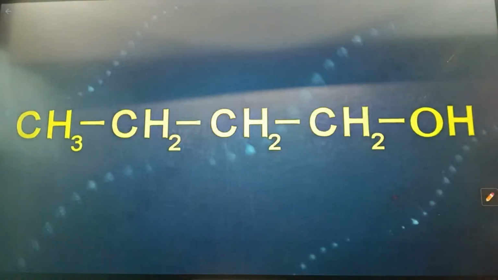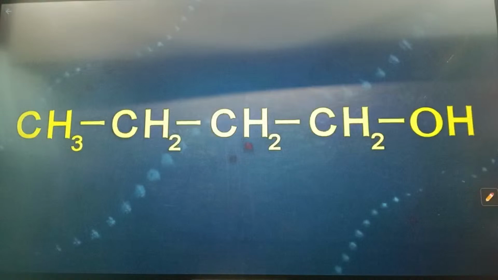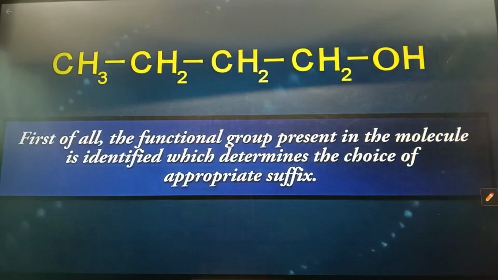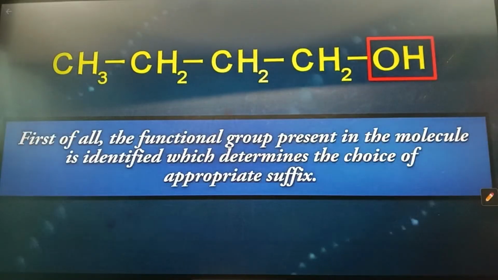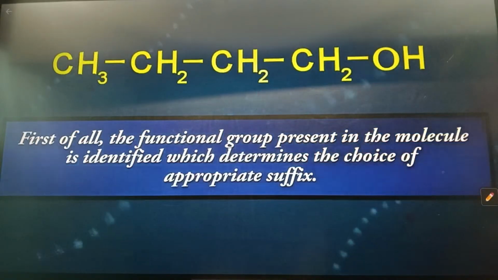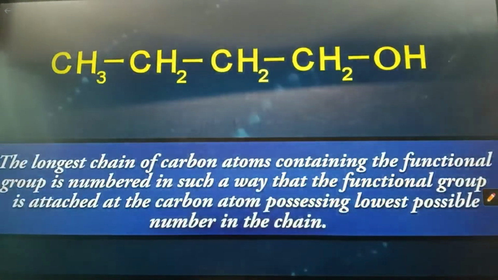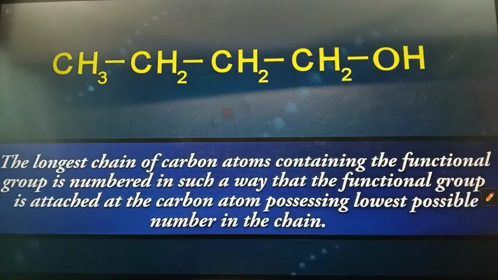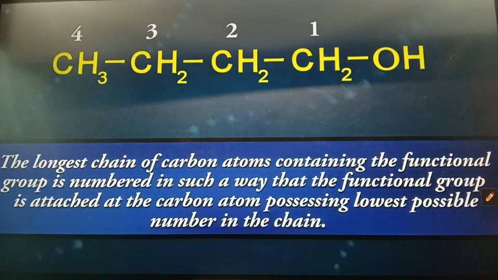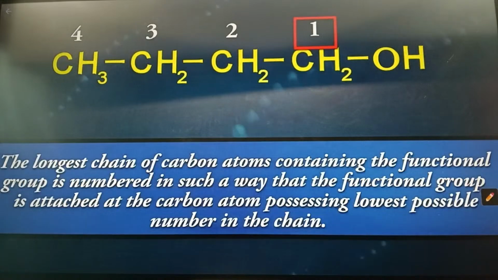Let us take the example of CH3CH2CH2CH2OH. First of all, the functional group present in the molecule is identified, which determines the choice of appropriate suffix. The longest chain of carbon atoms containing the functional group is numbered in such a way that the functional group is attached at the carbon atom possessing lowest possible number in the chain.